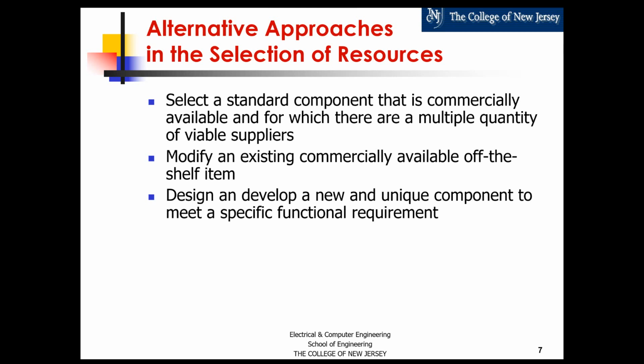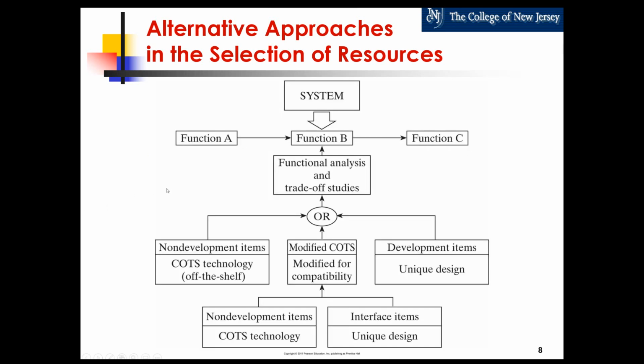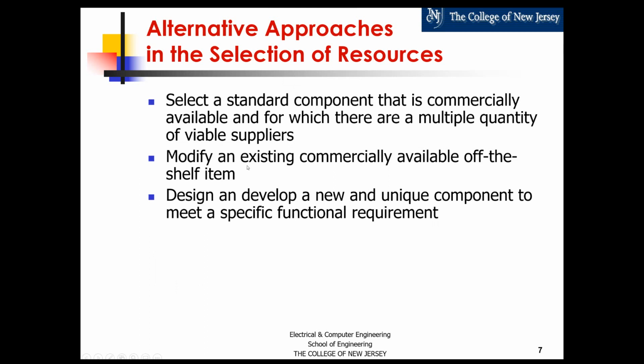Now let's talk about the selection of resources, and specifically the parts or components that you would need during your design. There is always what I call a buy versus make decision to be made.